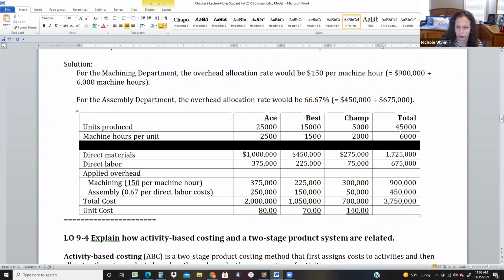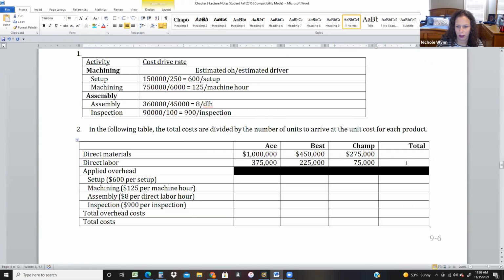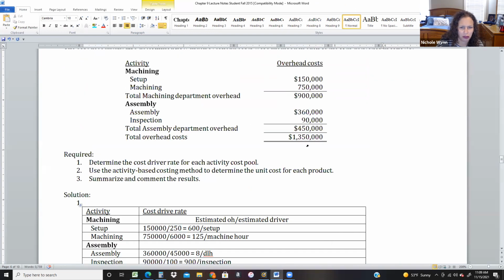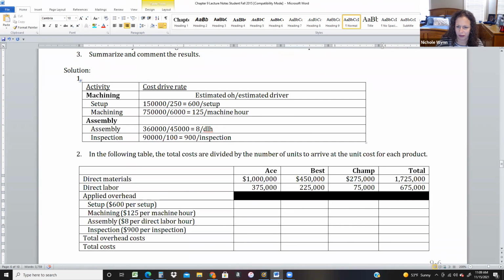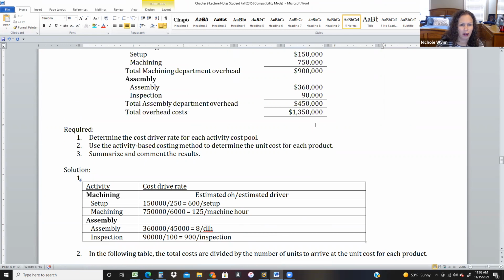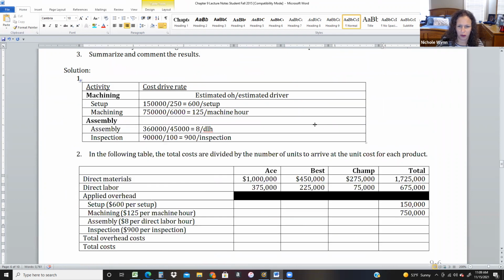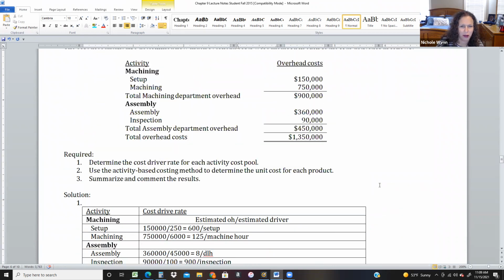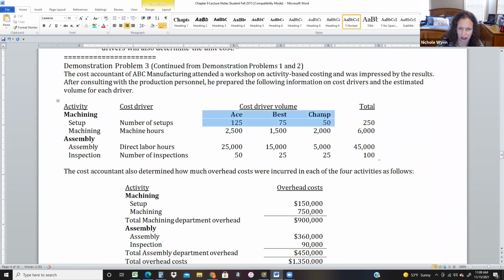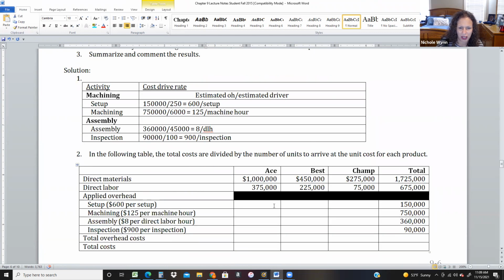It helps me when I see the totals, because the setup cost in total is 150, and then 750, and then 360 and 90. Then I'm going to take 600 times the number of setups, so I need the number of setups from here: 125, 75, and 50.